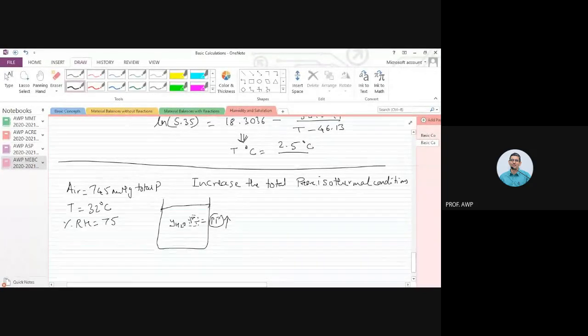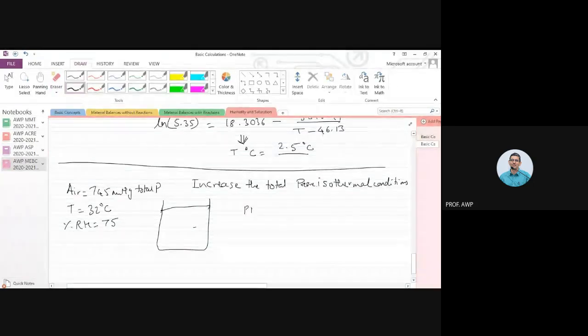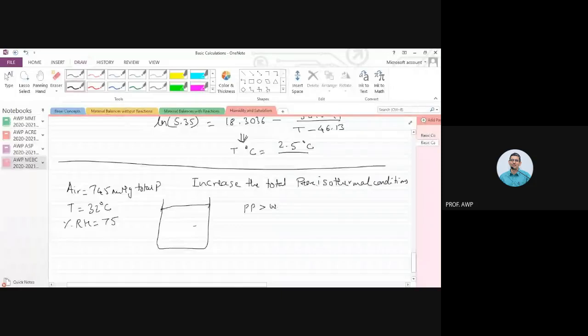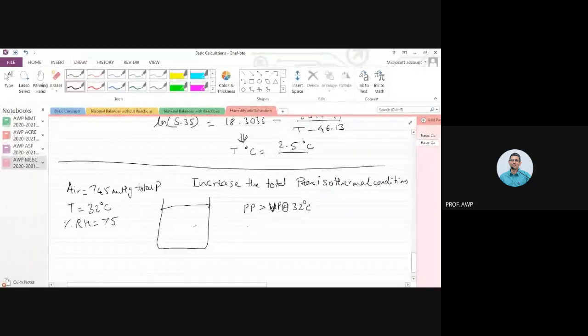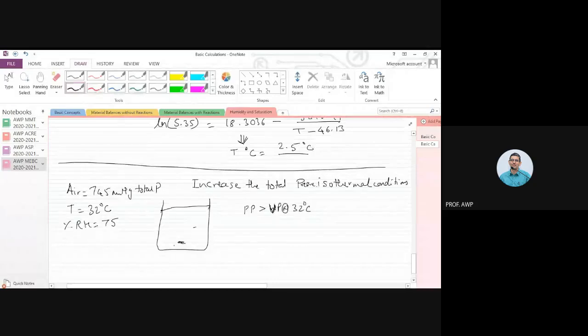If I make the total pressure 10 times, partial pressure will become 10 times. At some value of total pressure, partial pressure will become more than vapor pressure at 32 degrees centigrade, and again liquid water will start condensing out.